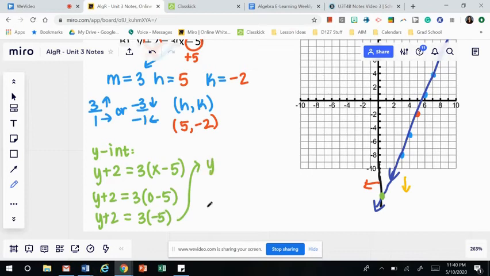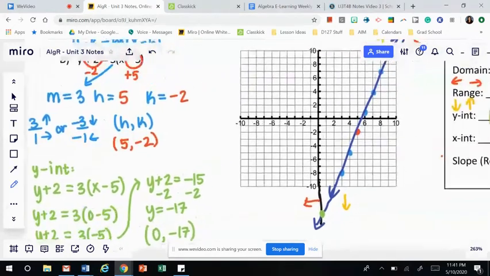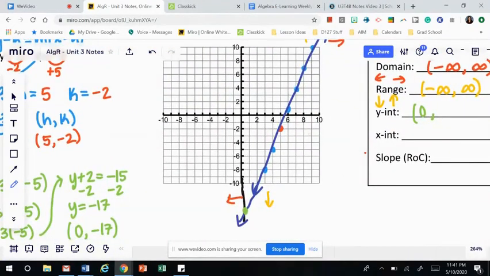So we'll have y plus 2 is equal to negative 15 and subtract 2. So y is negative 17. So as we originally plugged in 0 for x, that value we got for y is negative 17. If we look at our graph, that makes sense. Our y-intercept is going to extend way beyond negative 10, and it's going to be further negative. So 0, negative 17.